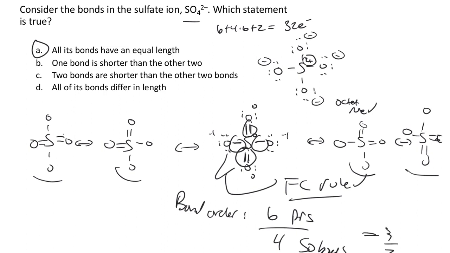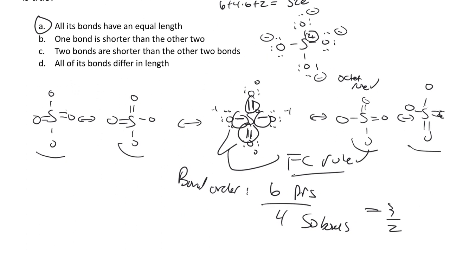I think they look like 3/2 bonds, but you can calculate that just by taking, there's 6 total bonds between the S and the O's, 2 sets of doubles, 2 sets of singles, and so that gives us a bond order of 3/2. But they're all the same. That's the idea here, is that all those bonds would have the same length as each other.